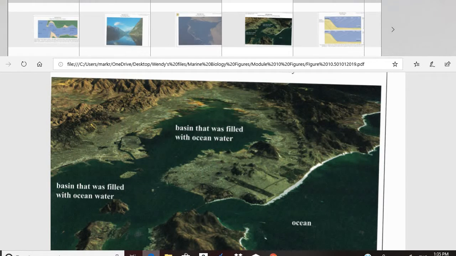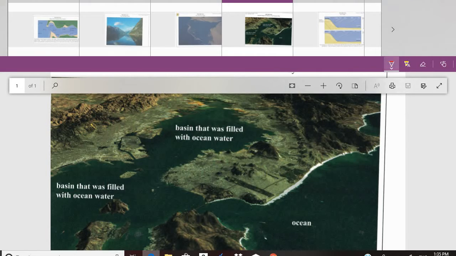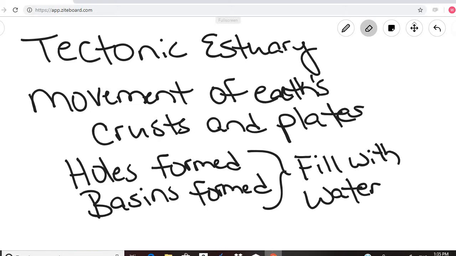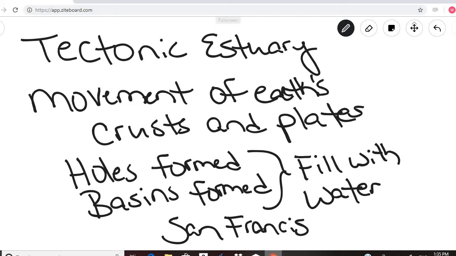And so you have these basins that form likely due to movement of plates in the crust of the ocean, and then those fill with ocean water, and that creates this estuary. So San Francisco Bay is an example of a tectonic estuary.